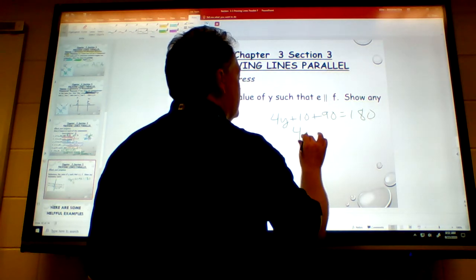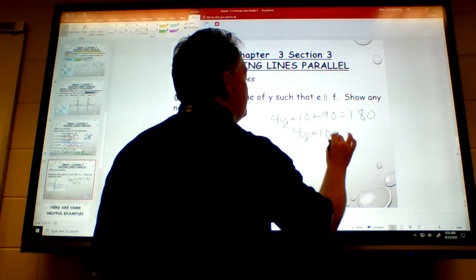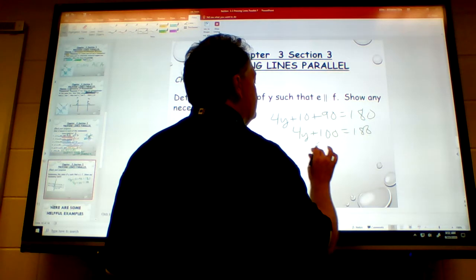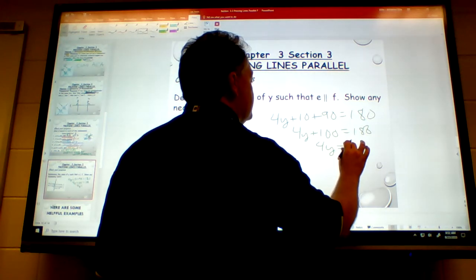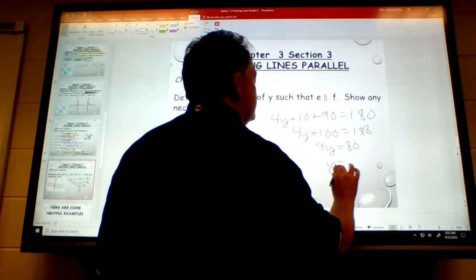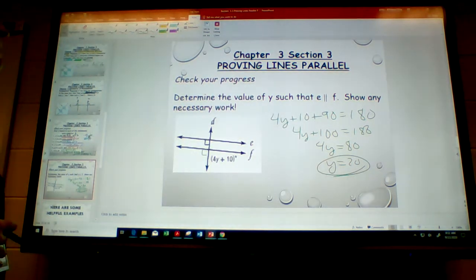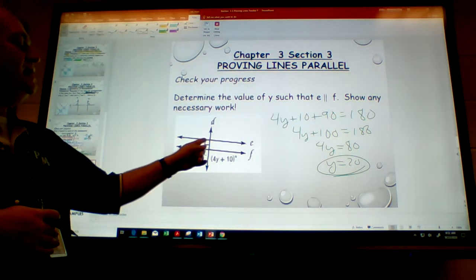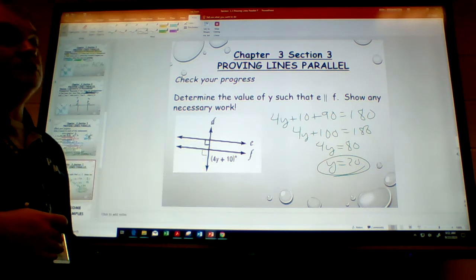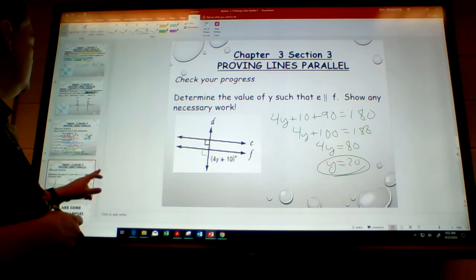So that gives us 4y plus 100 equals 180. 4y equals 80. So y equals 20. That's in order for it to be parallel, that if this angle is 90 degrees, then that angle also has to be 90 degrees. All right.